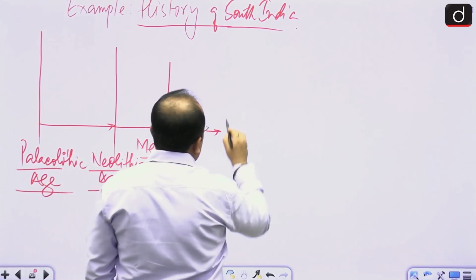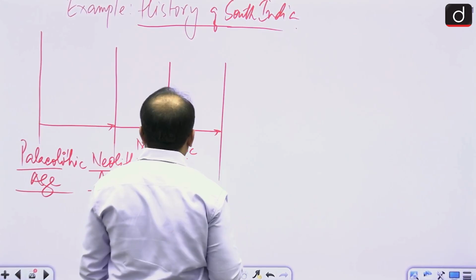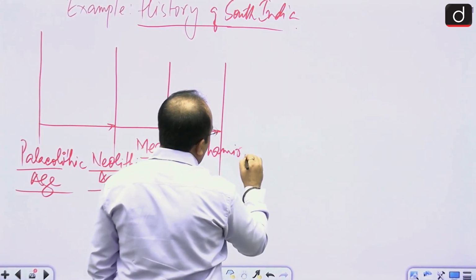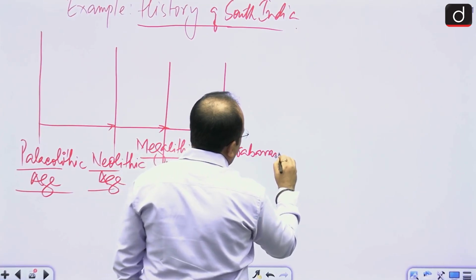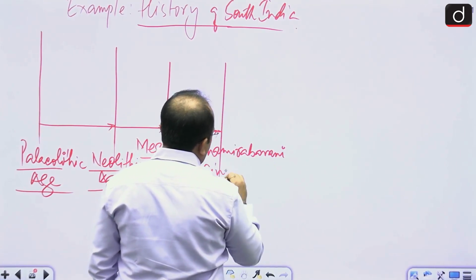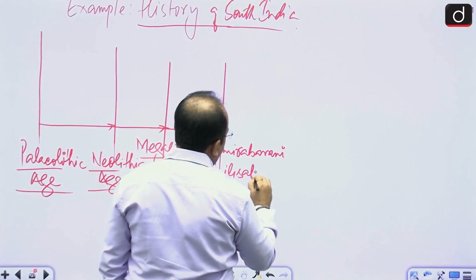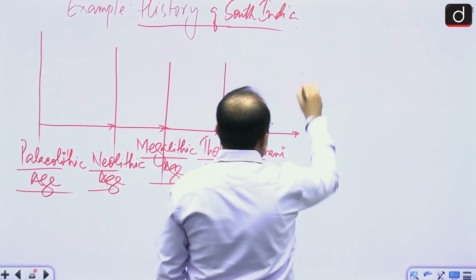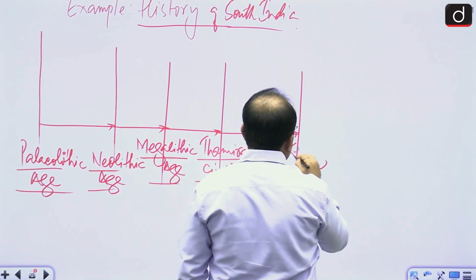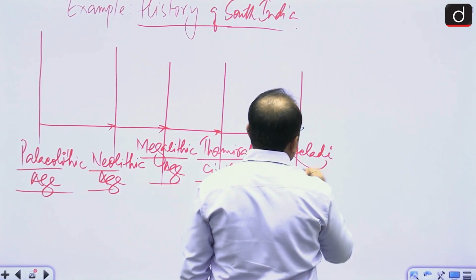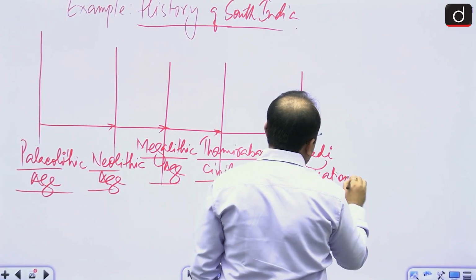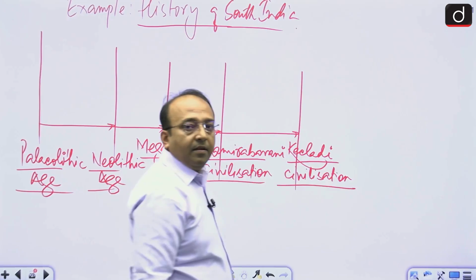Then the Megalithic age gave shape to the emergence of some civilizations in South India called the Thamirabarani civilization. Then it also led to the birth of another civilization called the Keezhadi civilization.